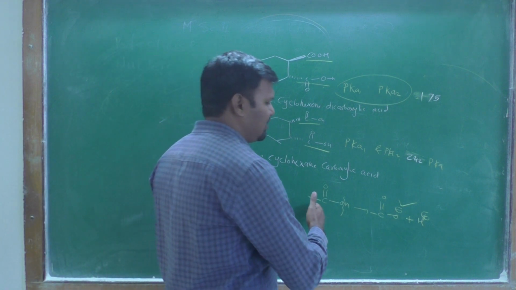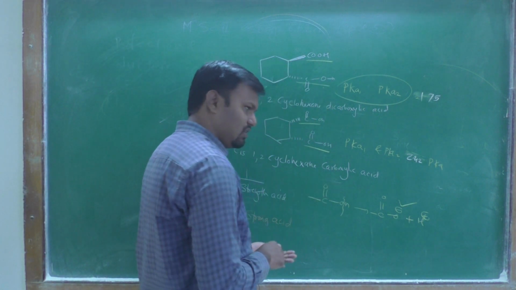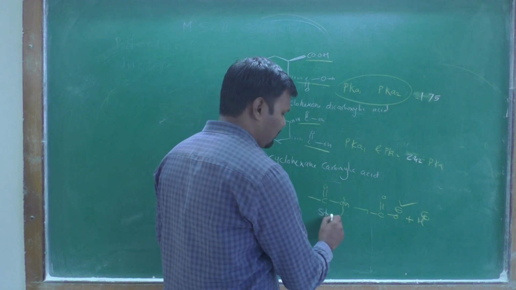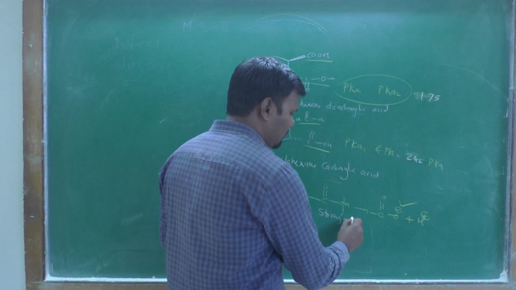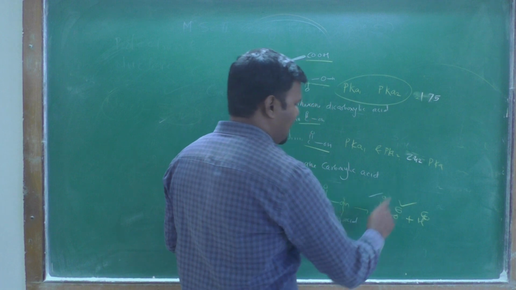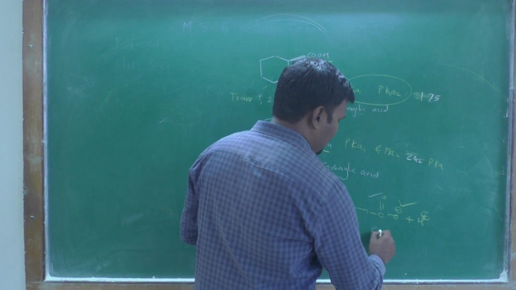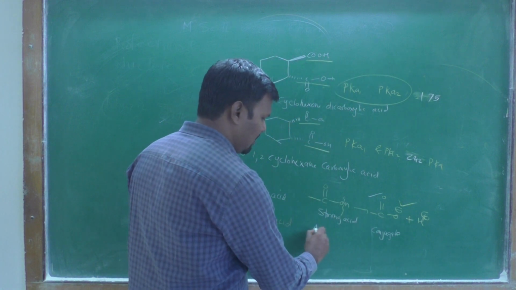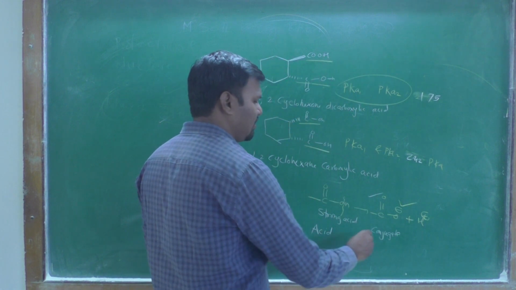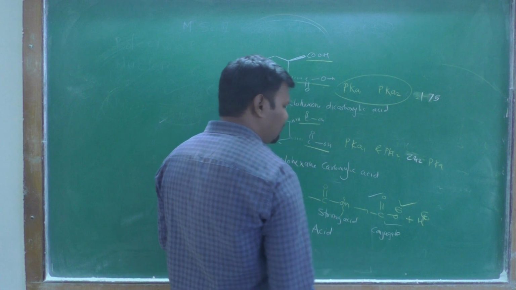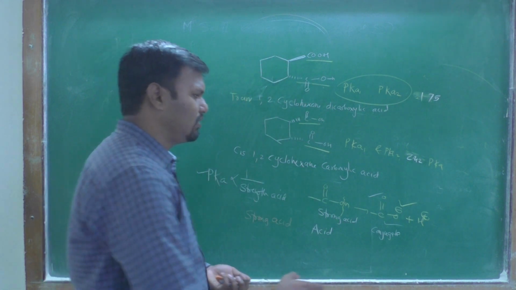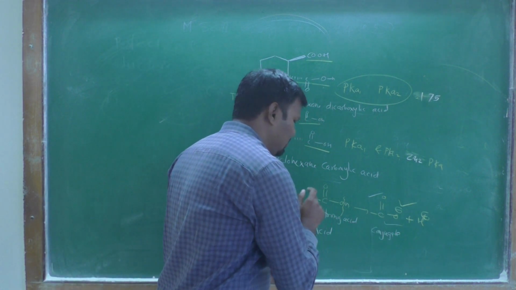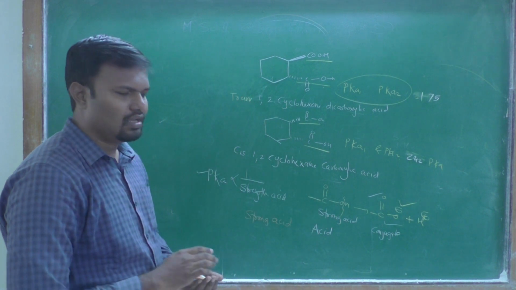If your acid easily gives H plus ions, that is a strong acid. The carboxylate ion is called the conjugate base of that particular acid. This is the acid and its conjugate base is this, and for this base, the conjugate acid is COOH.